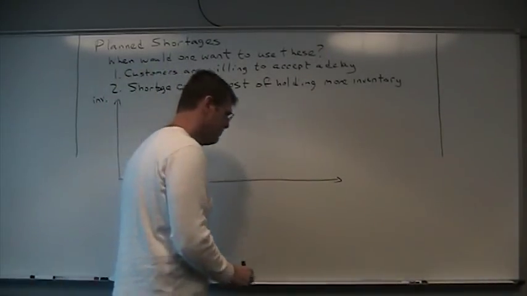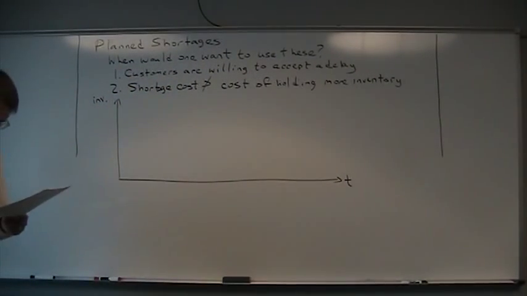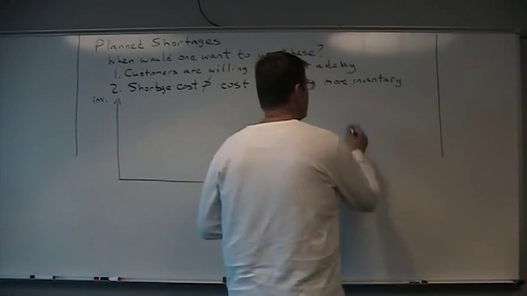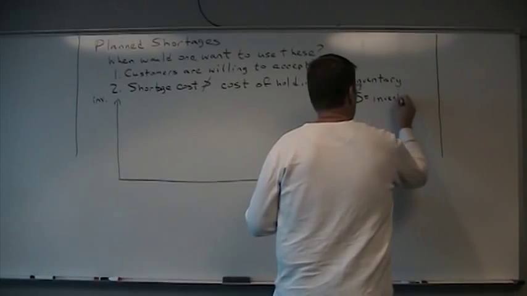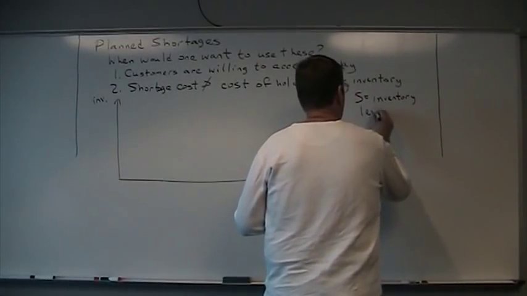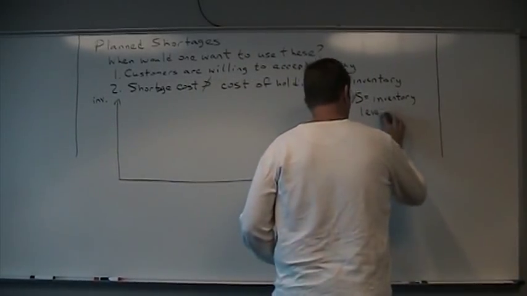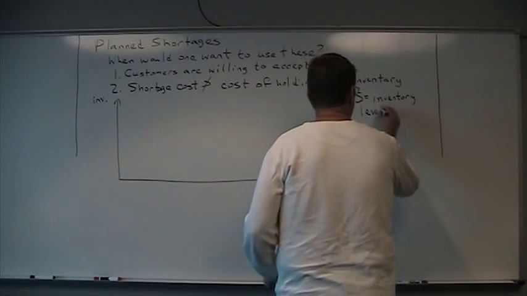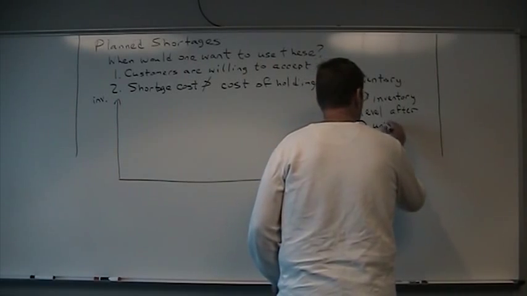Here's inventory, here's time, and what we're going to define here, a lot of the stuff is stuff that we've had before, but for the purpose of this graph, we're going to define S to be the inventory level after Q units are added.